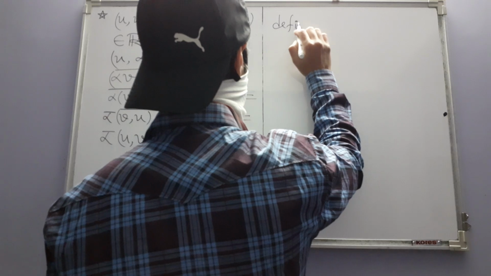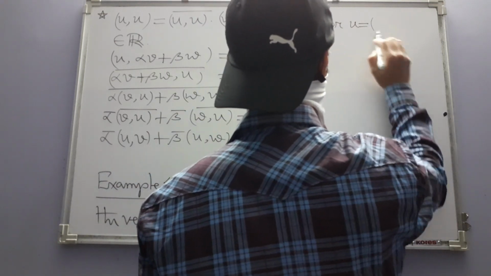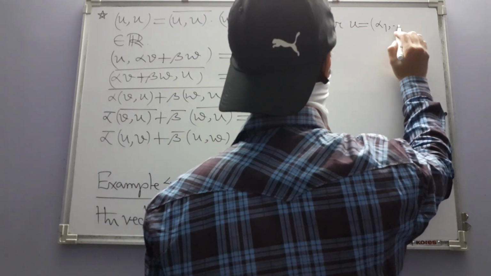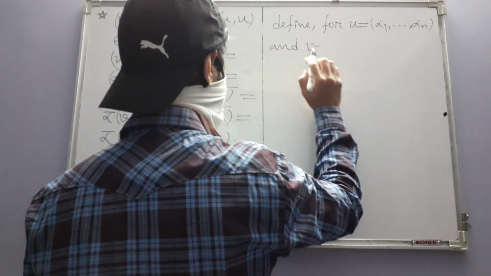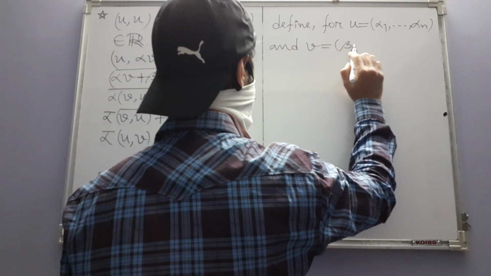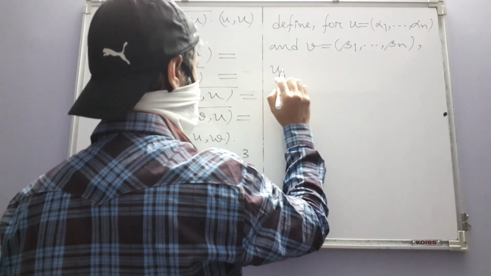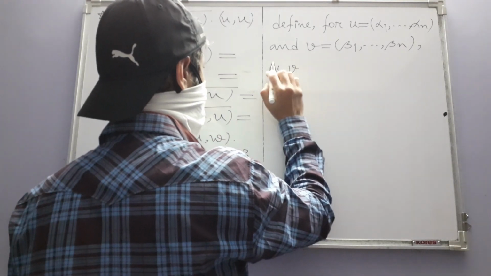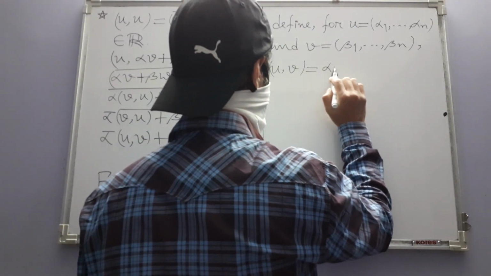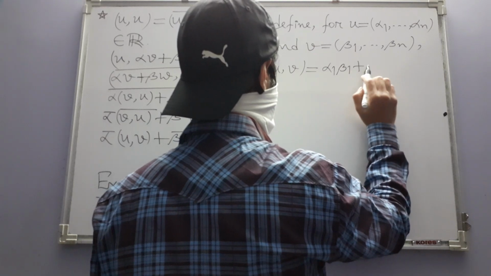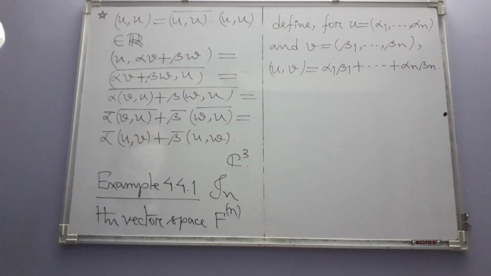Define, for two vectors u equal to this n-tuple and v equal to this n-tuple, the inner product of u and v by this formula: alpha 1 beta 1 bar plus alpha 2 beta 2 bar and such terms, and eventually alpha n beta n bar.